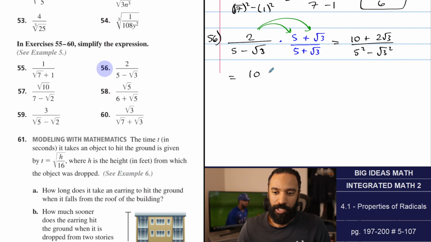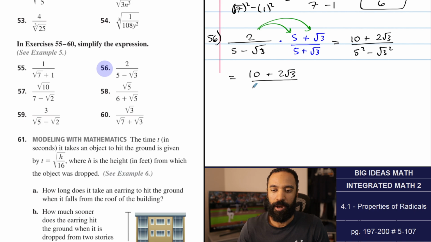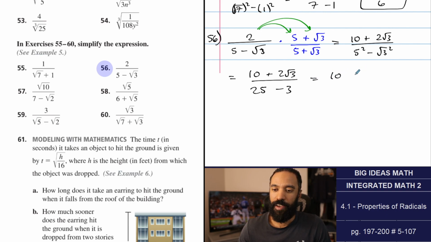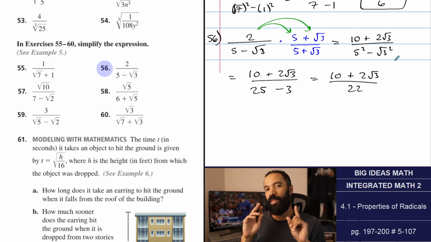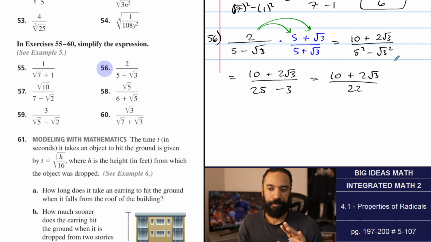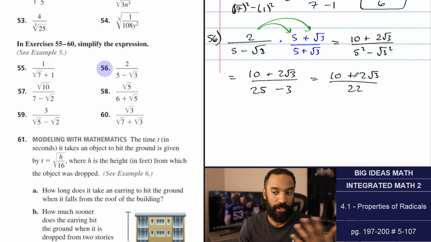Now from here, I still have 10 plus 2 root 3. And on bottom, I have 25 minus, not 9, but square root of 9, which is 3. 25 minus 3 is 22. So 2 root 3 here over 25 minus 3 is 22. This might be new for you, but these fractions can reduce because there's a common factor of 2 on top.